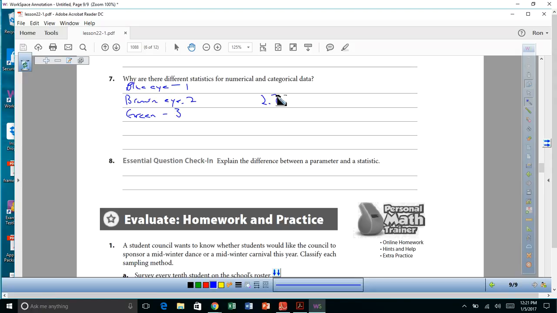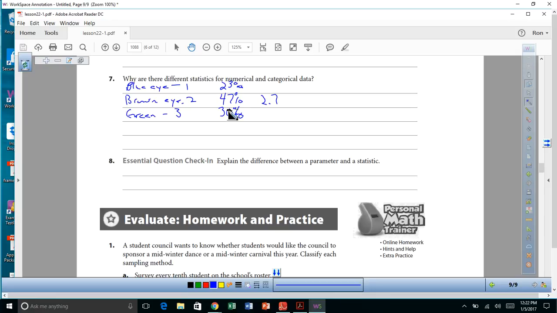That's why you can't find a mean or a median for categorical data, because it doesn't make any sense. Now, if you found that 23% had blue eyes, 47% had brown eyes, and 30% had green eyes, that would make some sense. Okay, so that's why.